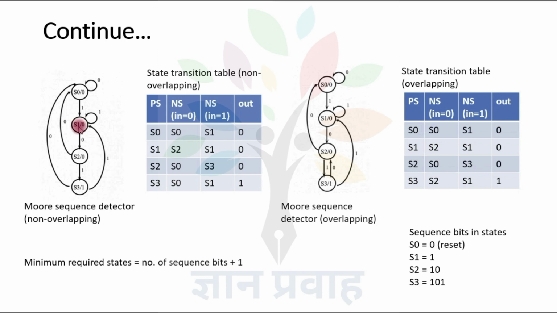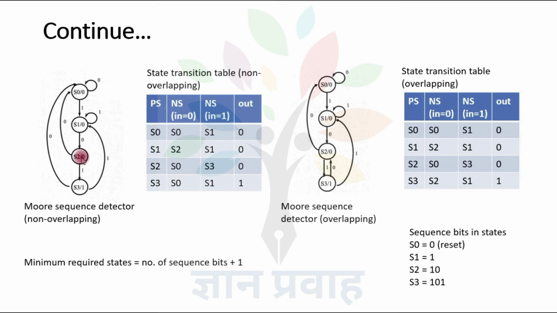But when we receive input bit 0, then we are getting the required sequence here, that is 1, 0. Then we will move to the next state, S2. So S2 state is representing 1, 0.